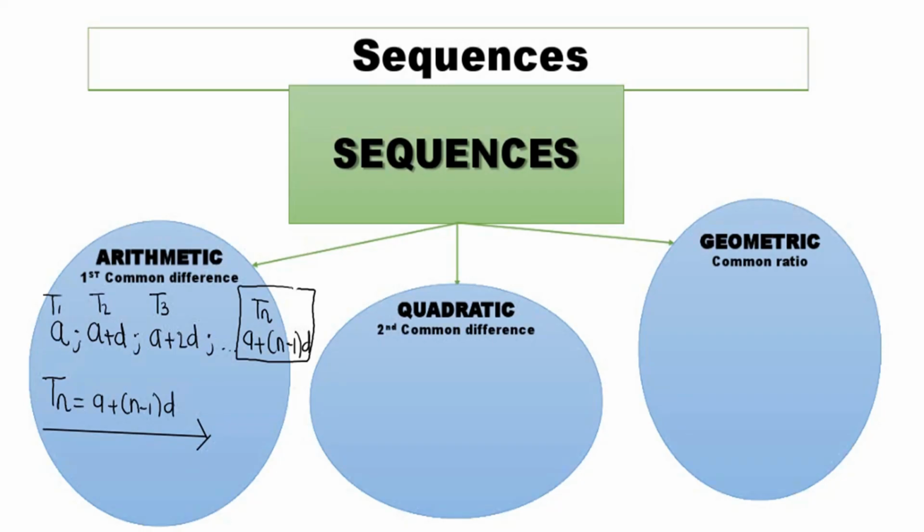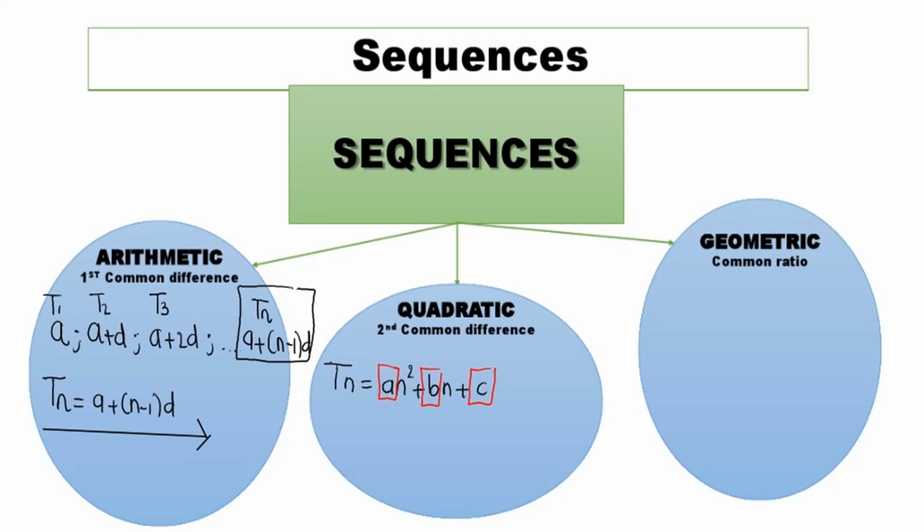Let us have a look at the quadratic sequence. The equation that we use when we want to get the general formula for the nth term of the quadratic sequence is Tn equals an squared plus bn plus c, where the variables a, b, and c can be obtained by using these 3 equations.